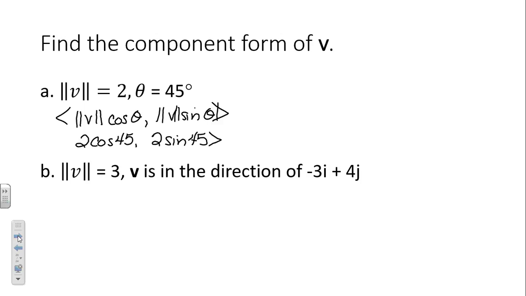What is the cosine of 45? So if we take the square root of 2 over 2 times 2, we're going to get what? Plain old square root of 2, right? Same thing with the sine of 45.